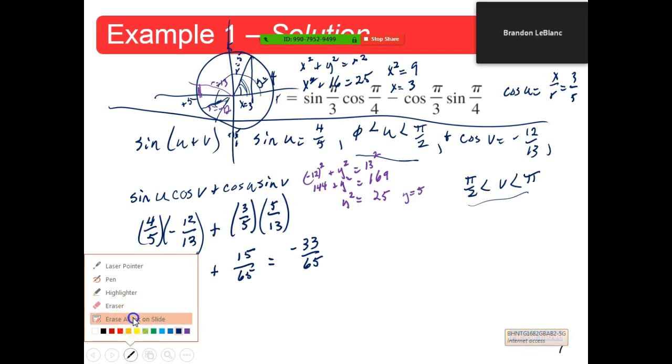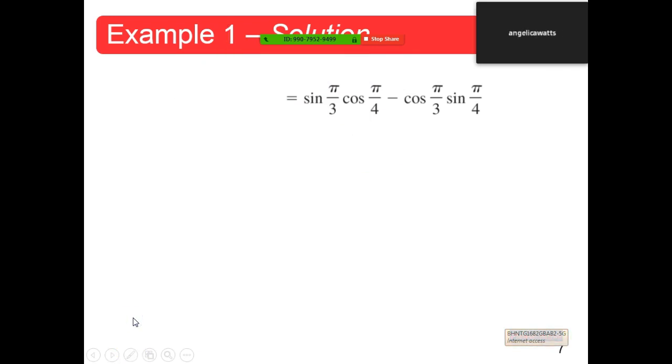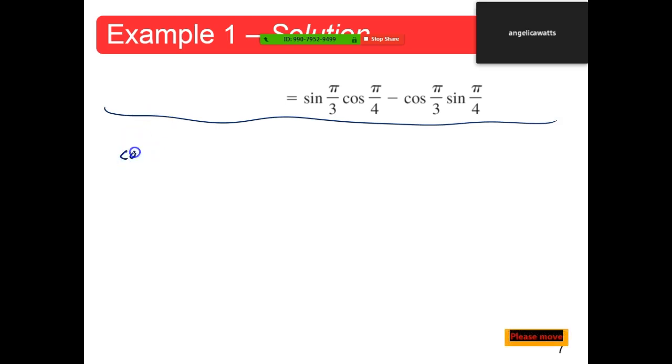Okay, let's move to example 4. Example 4 says, oh boy, look at this one. Write the cosine of the arctangent 1 plus arctangent x as an algebraic expression.